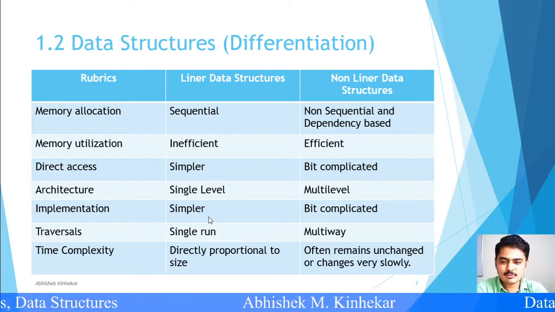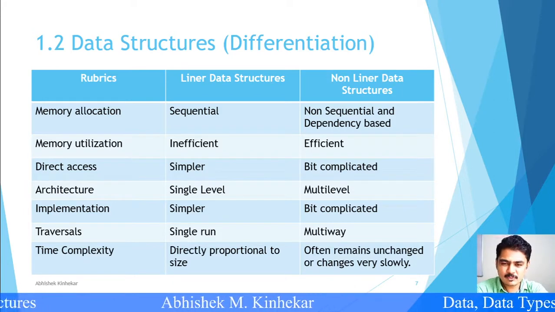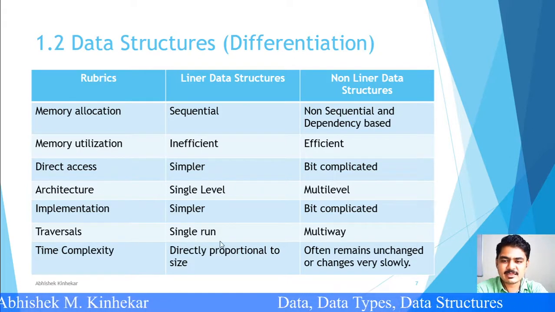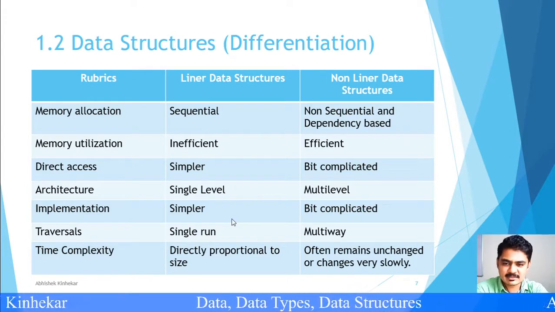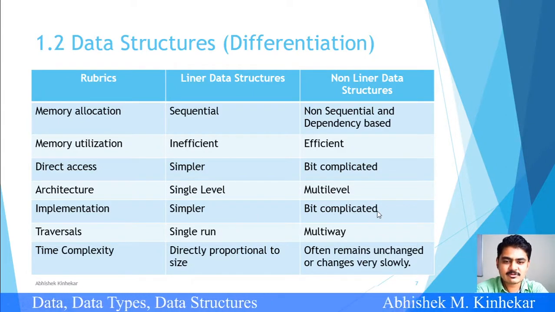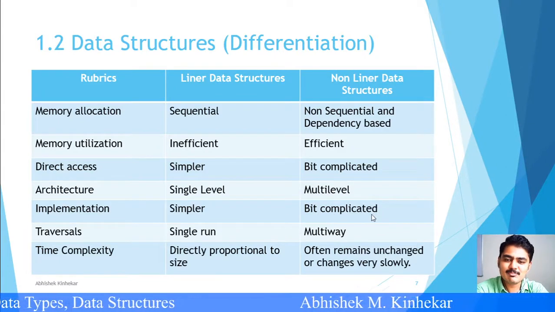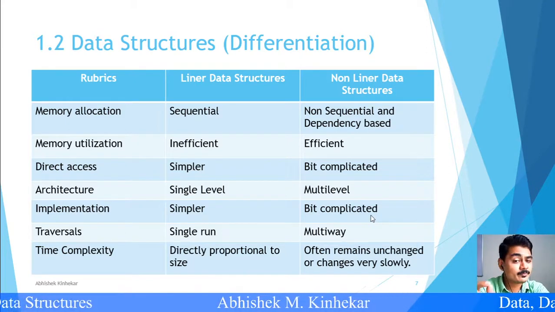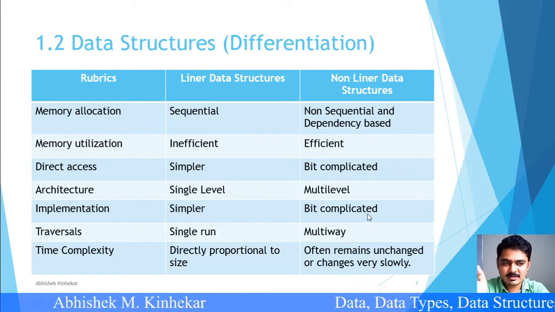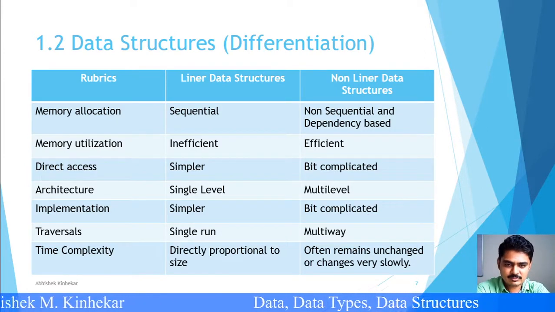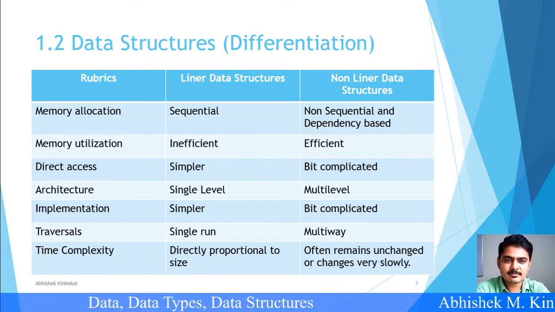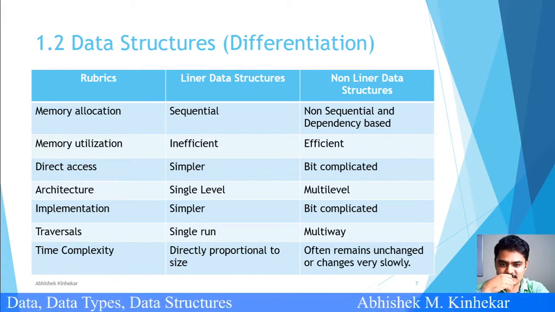A simple loop or mostly a pair of loops is used for data storing, data retrieval and all those things in linear data structure, whereas the process of storage, retrieval and manipulation of data in non-linear data structure is a bit fuzzy, a bit complicated. Not difficult, different, but a bit complicated. By using a simple loop it cannot work. So you have to be a bit more precise for accessing values in non-linear data structure implementation wise.